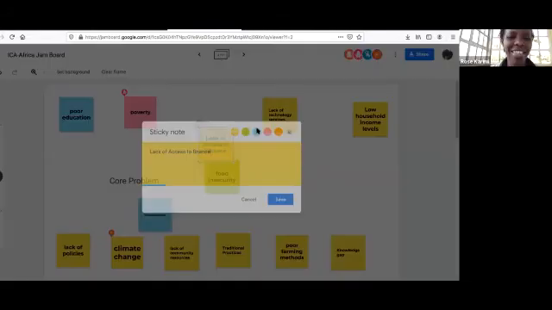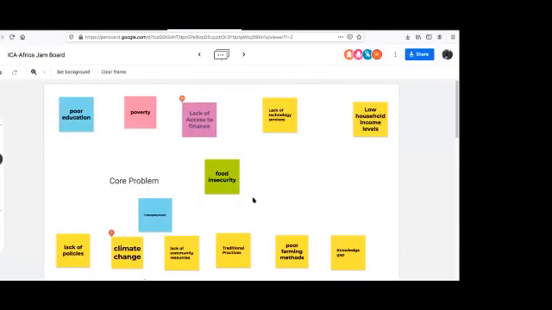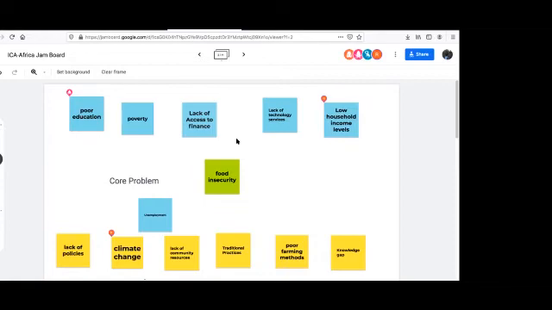In the absence of employment, it translates to lack of financial muscle and affordability of food. So it's a cause. Correct, Sandile? Yeah, in my opinion, it's a cause.